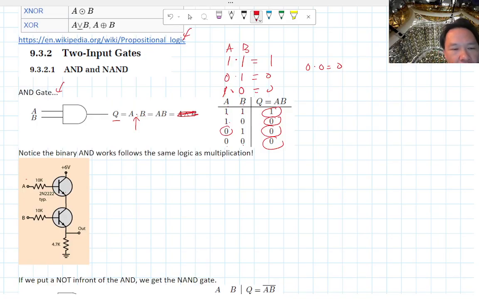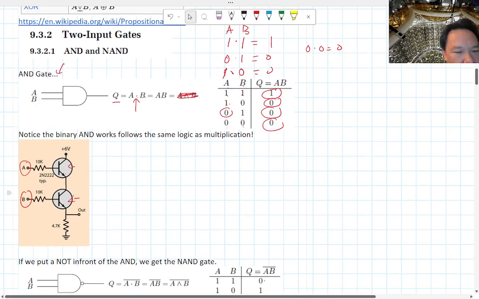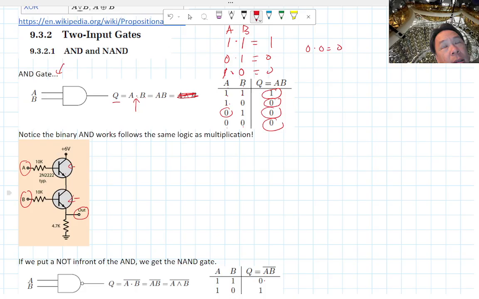So the circuit that makes this work is, since you have two inputs, you're going to have two transistors linked on top of each other. So these are the two inputs, A and B, and there's some resistance to them already. And the output is taken at the second transistor's emitter.